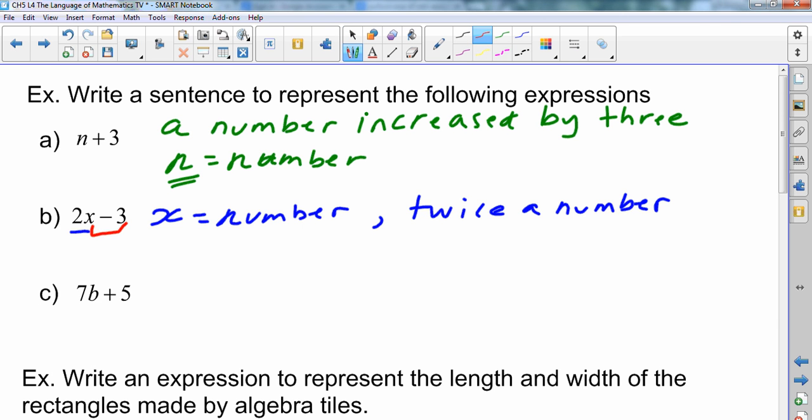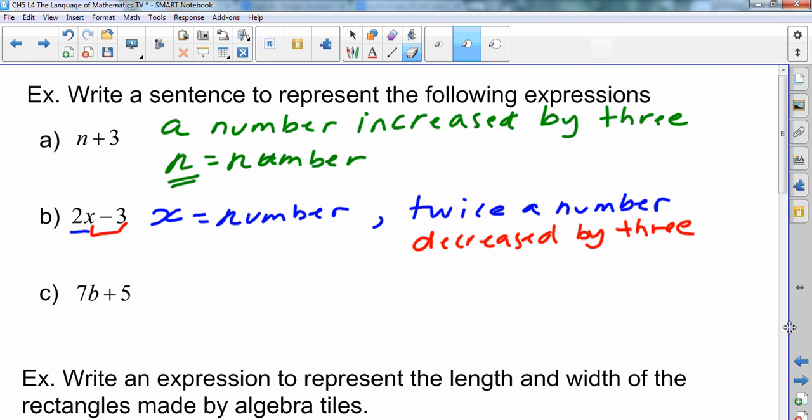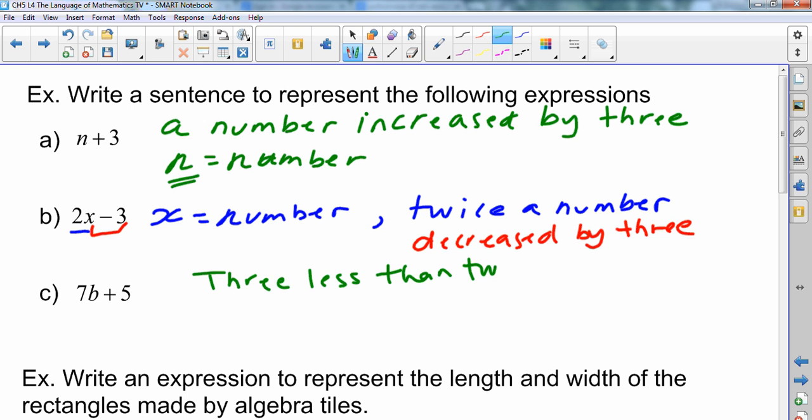Maybe we could say twice a number decreased by 3. Or we could say 3 less. Just kidding. 3 less than twice a number.